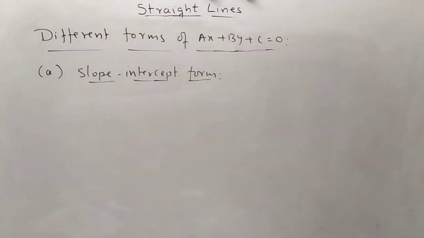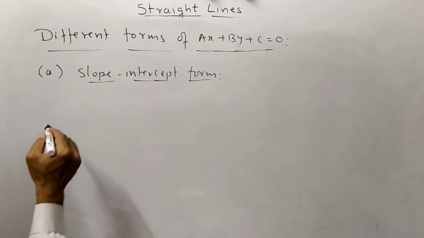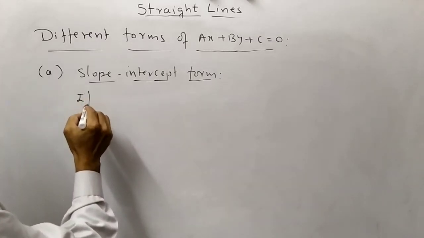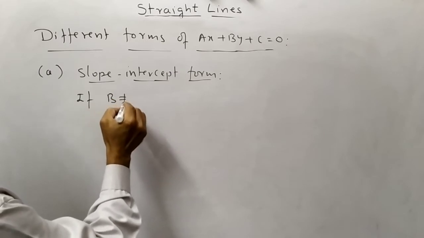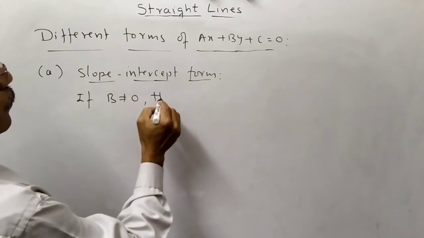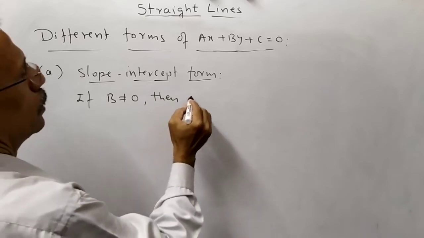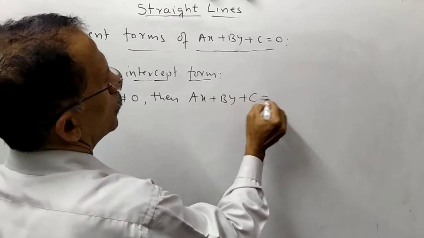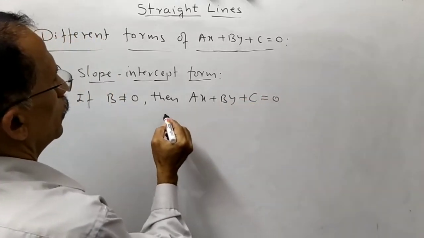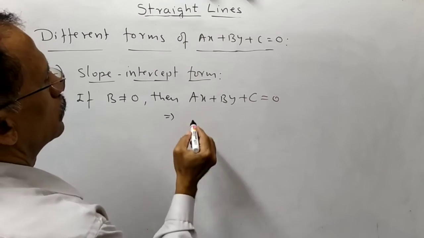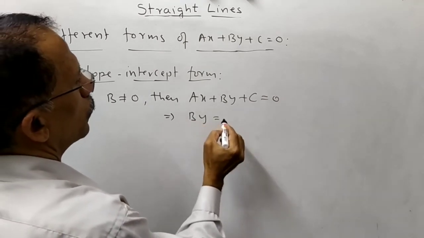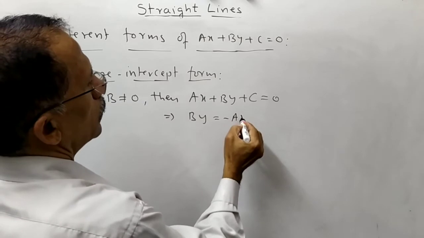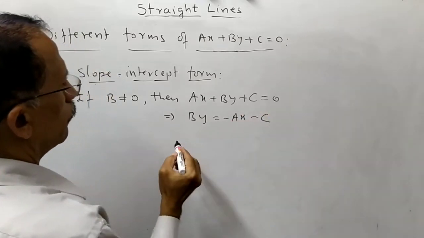Different forms of ax plus by plus c is equal to 0. First one is slope intercept form. If b is not equal to 0, then ax plus by plus c is equal to 0 implies by is equal to minus ax minus c.